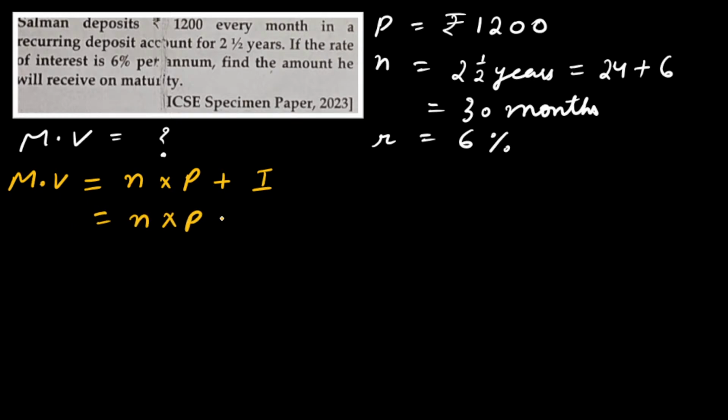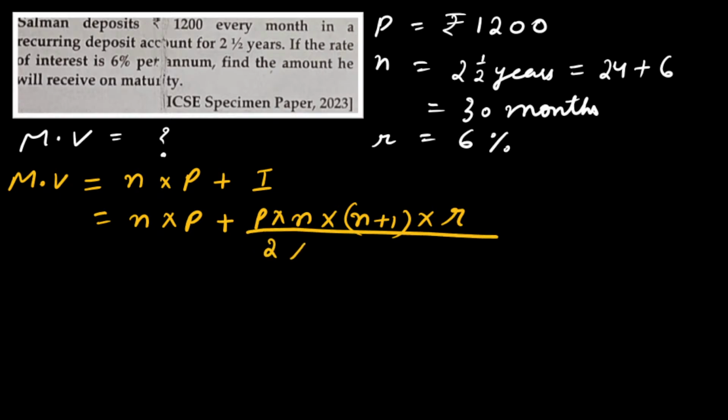So N into P plus P into N into N plus 1 into R by 2 into 12 into 100.